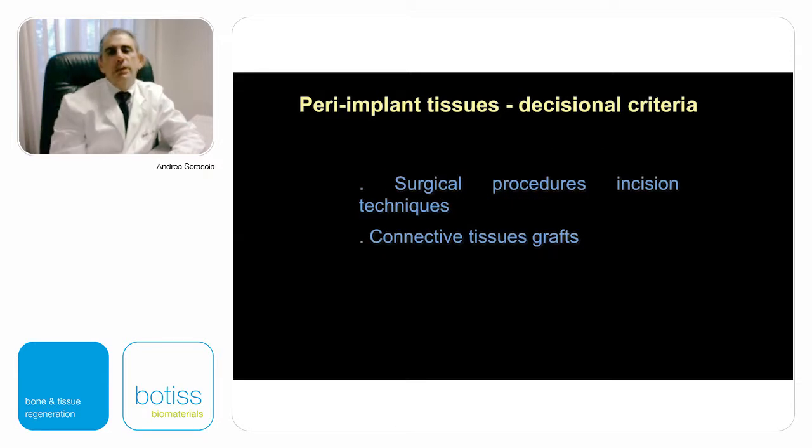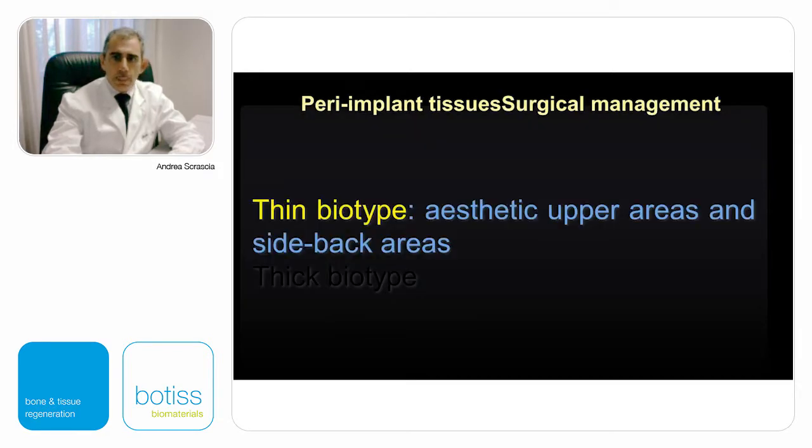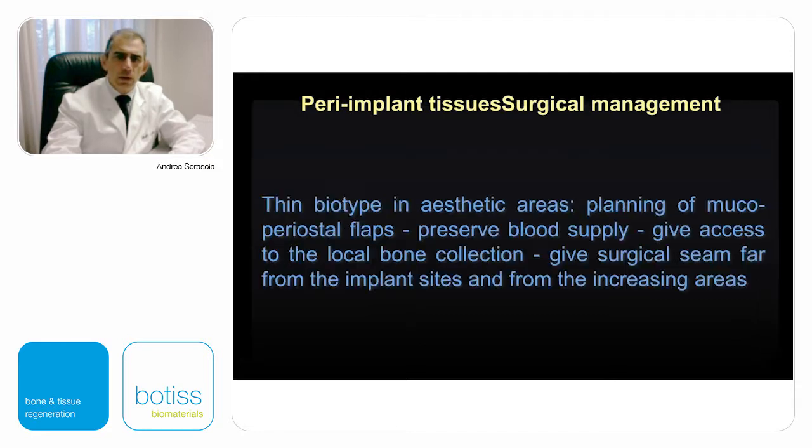So the decisional criteria to manage soft tissues are surgical procedures, incision technique, and connective tissue graft. So for the surgical technique, for patients with a thin biotype in aesthetic areas, we have to plan mucoperiosteal flaps for the following reasons.